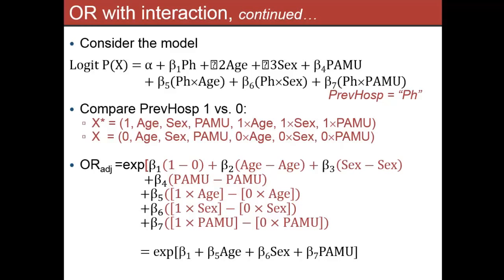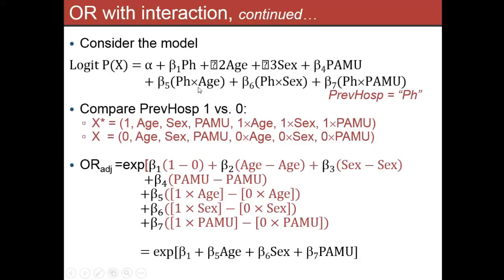So here's a more complicated model. Here's one that considers a lot of interaction terms. And this looks kind of scary, except when you use the e to the beta formula that we use that just has the difference of the x's. This model considers previous hospitalization, which we had to abbreviate here, age, sex, PAMU. These are supposed to be betas, the question marks.